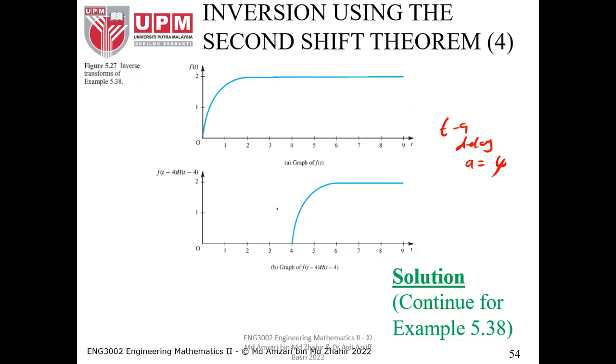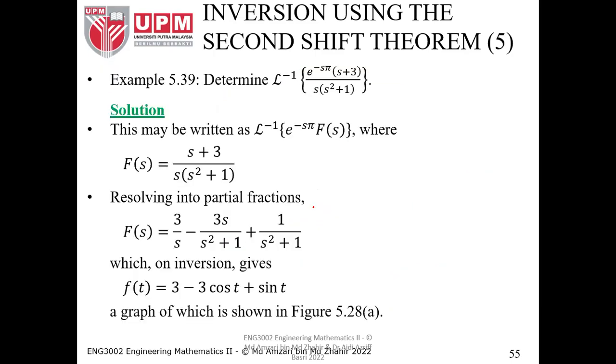This same function will be delayed to start from 4. The function f(t) starts at 0, 1, 2, 3, but if you have a delay t minus 4, it will delay by 4 seconds, for example. So each part of the function will be delayed by 4 seconds. That's why the graph is the same, but it starts from 4 and above.